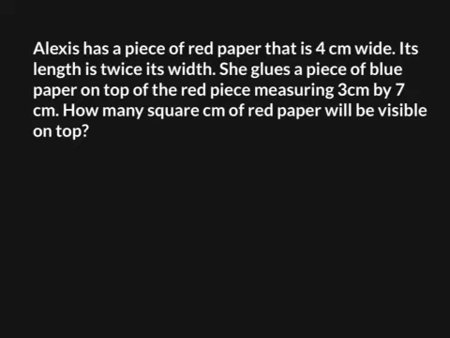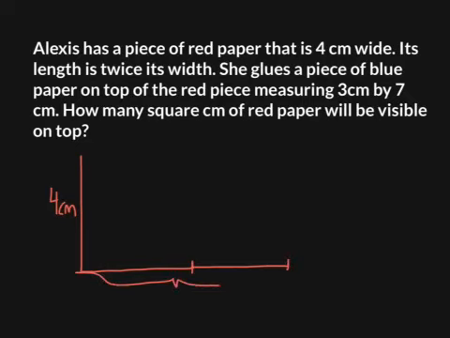I'm going to start by sketching my piece of red paper. The problem says that it's 4 centimeters wide, so I'm going to draw my width, and I'm going to label it 4 centimeters. Then it says that its length is twice its width, so this is going to measure a total of 8 centimeters.